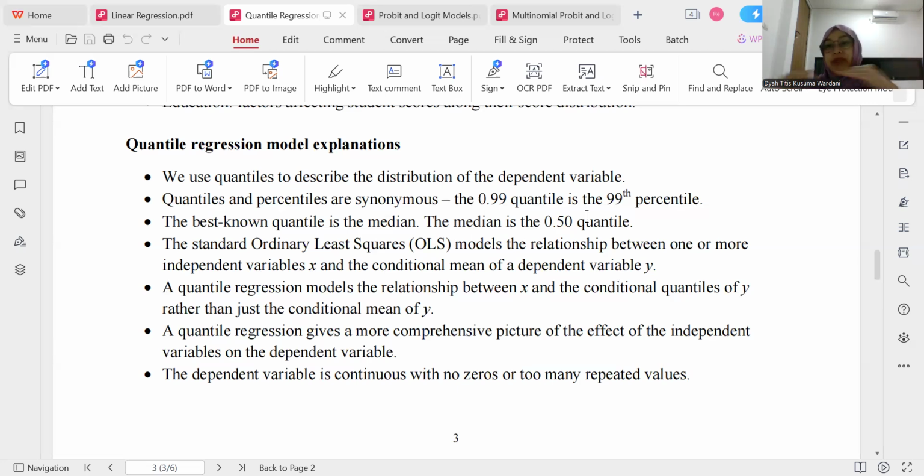Please take note of this differentiation. So in quantile regression, we use the conditional quantile of y rather than just the conditional mean of y in linear regression. A quantile regression gives us a more comprehensive picture of the effect of the independent variable on the dependent variable, and the dependent variable is continuous with no zero or too many repeated values.